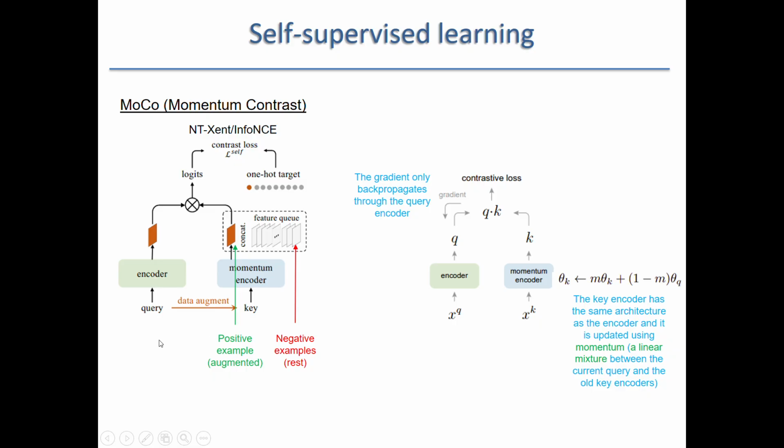All the other examples in the batch are considered to be negative examples. The positive example is the augmented one. All the others are negative examples. These negative examples go through the momentum encoder that produces different keys. Then these keys, with the one coming from the query and an encoder here, have to be useful to minimize this contrastive loss.